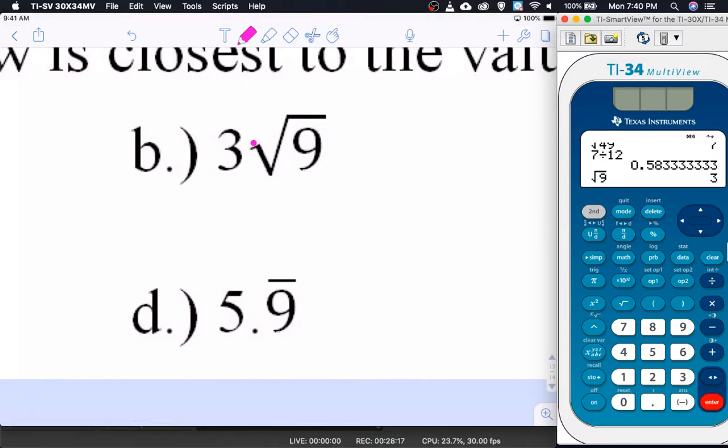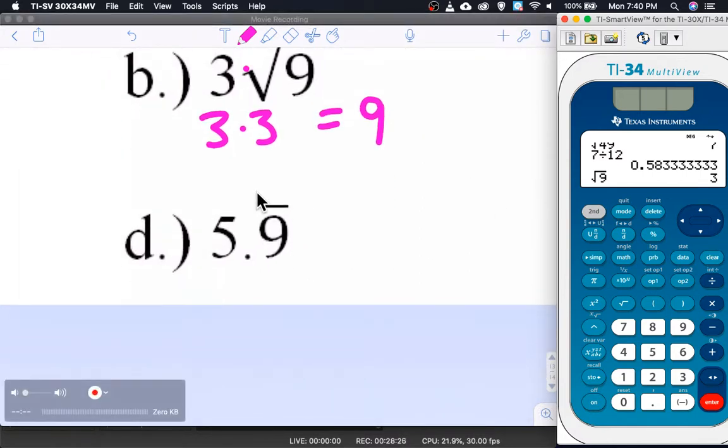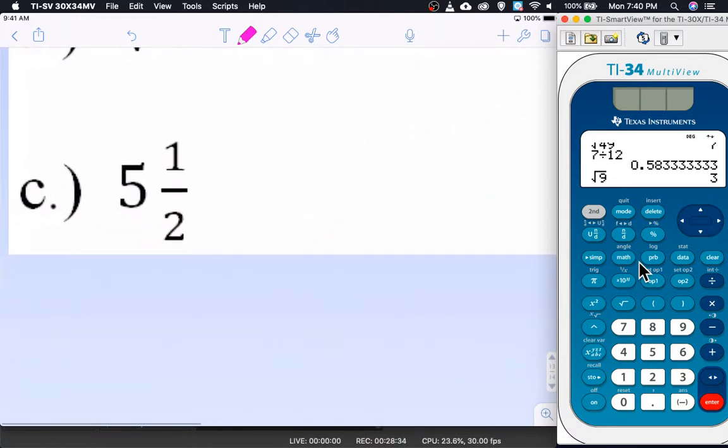So this really becomes just 3 times 3, which is 9. I already have letter D as a decimal, 5.9 repeated. If you want to, you can add a few more 9s in there just to make sure you're understanding the problem. And I know what 1/2 is as a decimal. It's a very common decimal. That's 5.5.